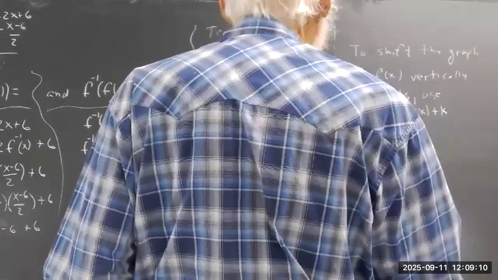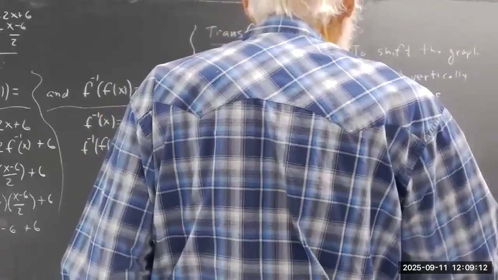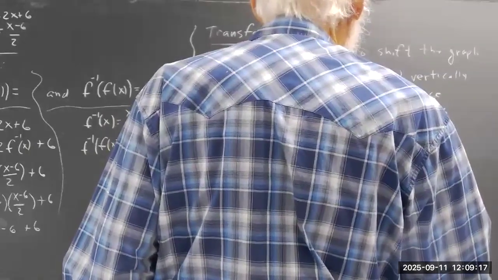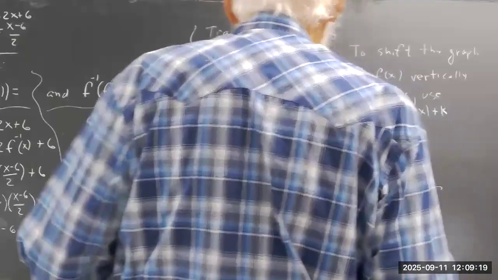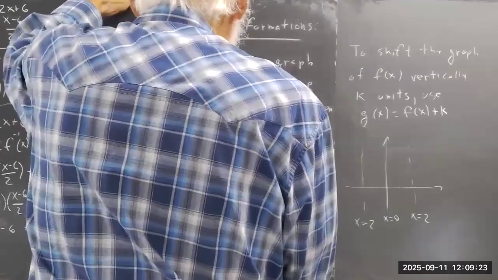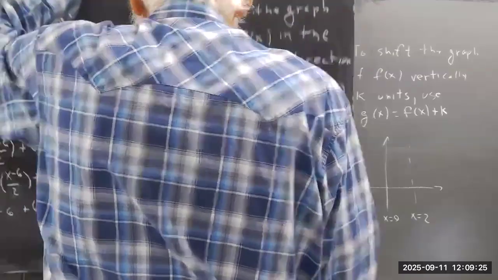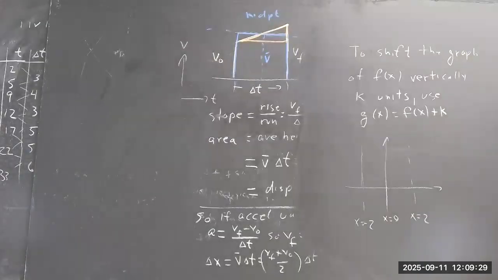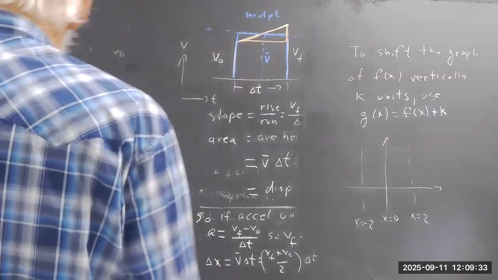I'll use the same window because it's an easy one to understand, and it's consistent with everything that Open Math has told you about the toolkit functions. So we're going to use that.